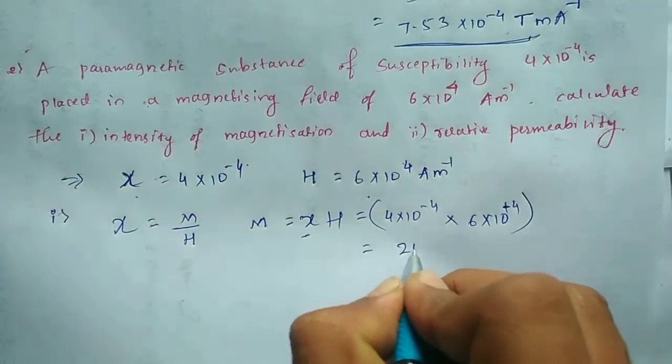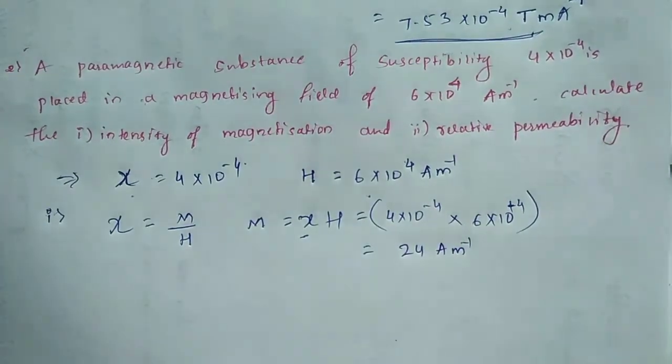Multiply it and you will get 24 ampere per meter.